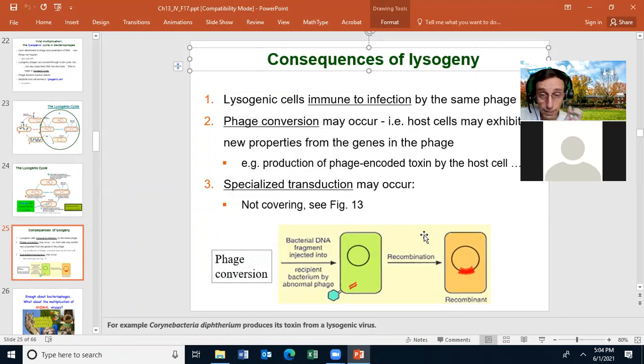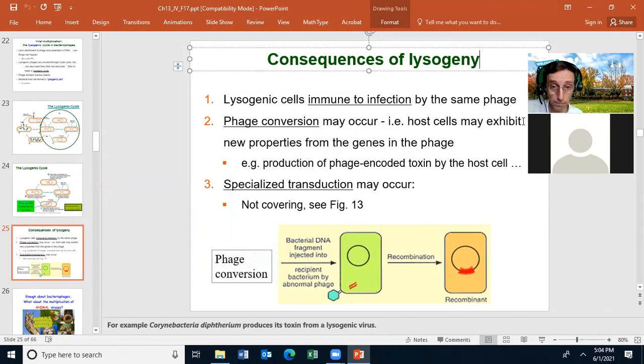We talked about the consequences of lysogeny last time, and that is mainly when a bacteria cell has a lysogenic phage in it, it has new DNA in the cell, which can give the cell new properties, changing the phenotype of the cell.